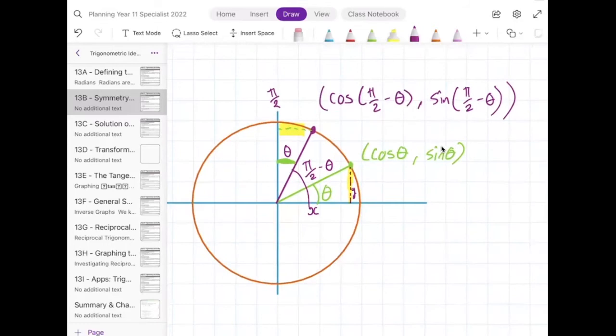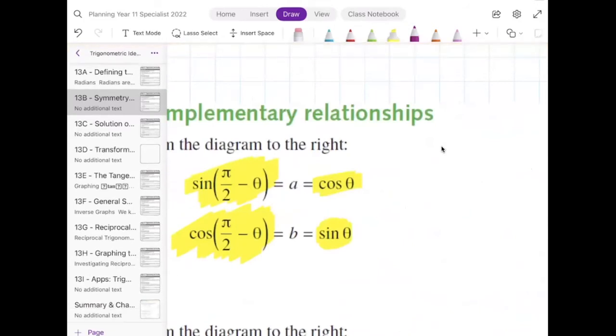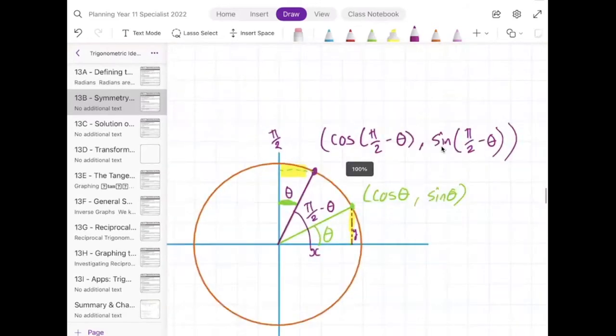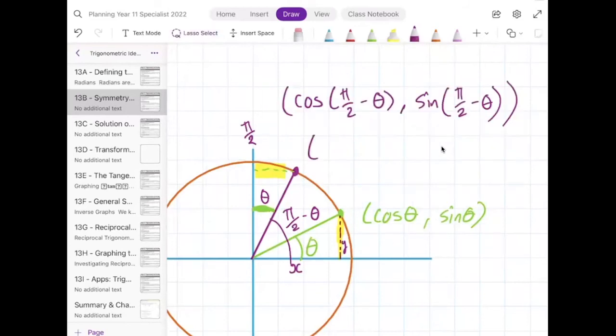I know from those values before that sine of pi on 2 minus theta is actually equal to cos theta, and cos of pi on 2 minus theta is actually equal to sine theta, which means I could rewrite this coordinate point as sine theta, comma, cos theta. I'll put this in brackets as well to make it the same. So again, complement you can think of as opposite. If I have the complement, you can see my sine and cos are essentially swapping spots.